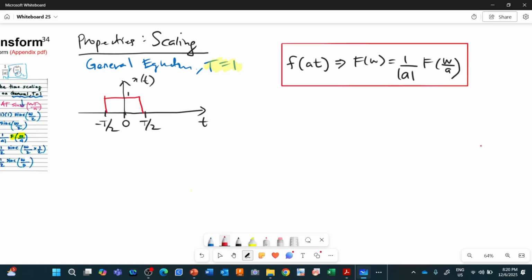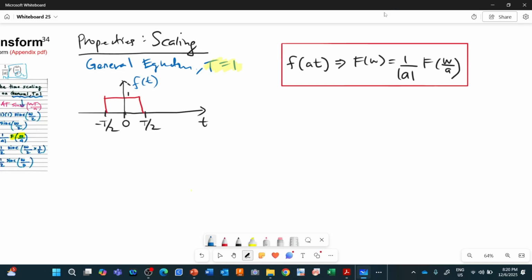Since they are using F over there, I'm going to change this signal and name it as f(t), so that you don't get confused, but it's the same thing. If it's x(t), then you basically change x to f and so on. So this is the first thing.